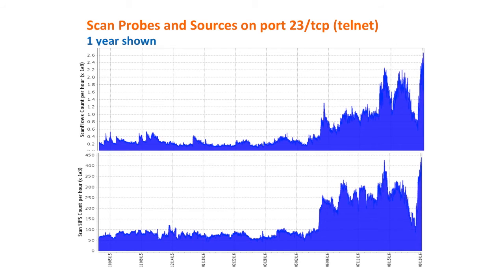That's been going on for more than a year now, but it really has kicked up over the last 6 months or so and continues to go upward. Again, we're seeing new records in terms of the number of probes in a given hour, as well as the number of sources in a given hour, just short of 450,000 unique sources in an hour. And as we said earlier, actually closer to 1.7 million unique sources in a given day.